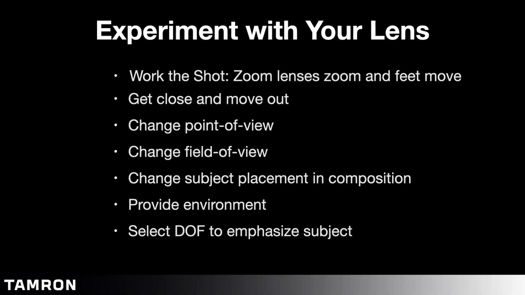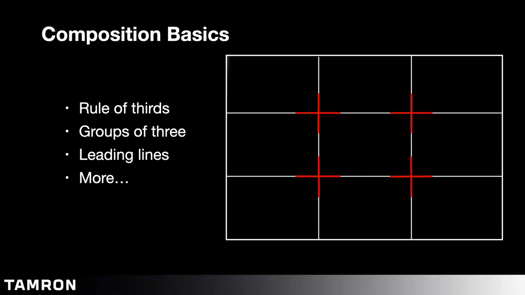I'll also carry a tarp and some knee pads, and I'll get down on the ground and get very low to the ground and shoot maybe straight across or up at a subject, just to change those different fields of view and points of view, and zoom in, zoom out, show the subject in its environment, or again, close up, and play with your depth of field to adjust where you want your subject's emphasis to be.